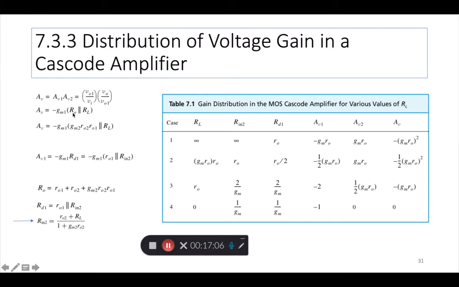RO, which I just showed you, is looking into the amplifier from the load side, and it has its formulas here. Real RO has these three terms, but we neglect these and just use this, and that's what you see here.